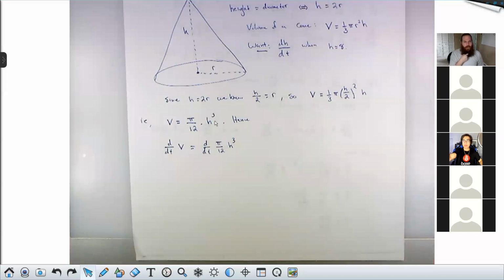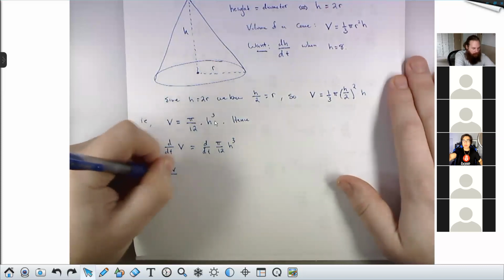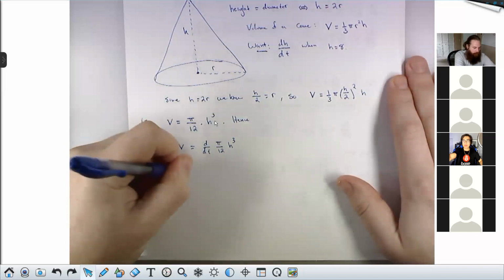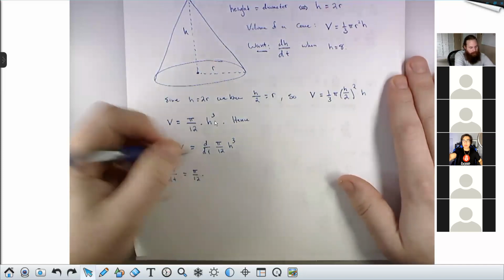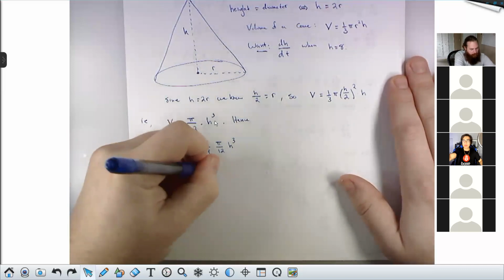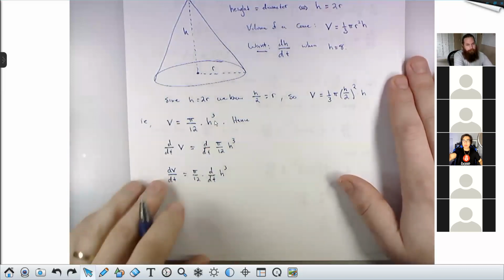The pi over 12 is a constant. My left-hand side is dV/dt. And over here, I'll have pi over 12 popping out because it's a multiplicative constant times the time derivative d/dt of h cubed.